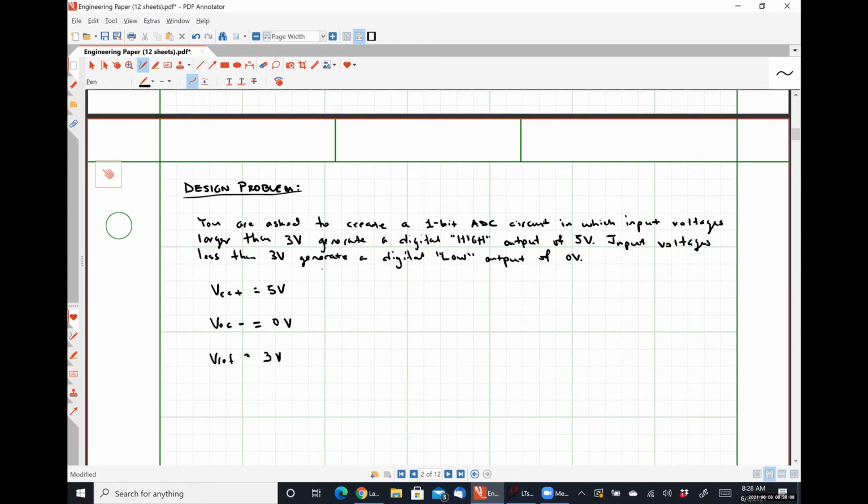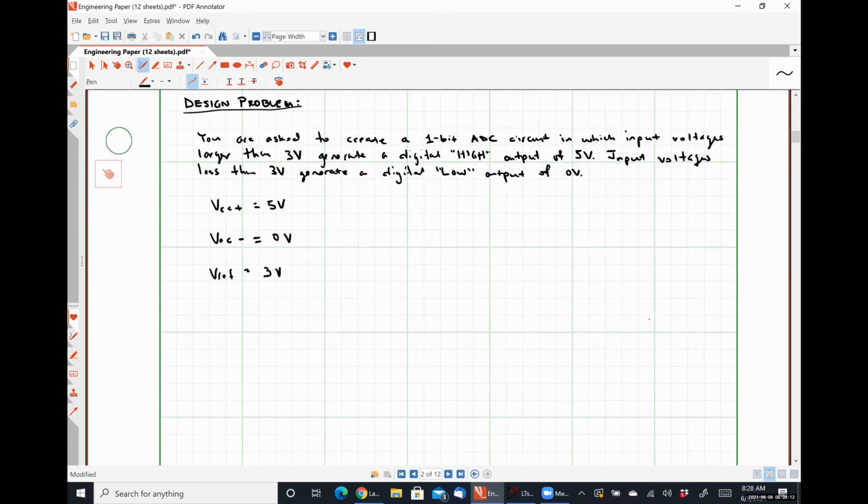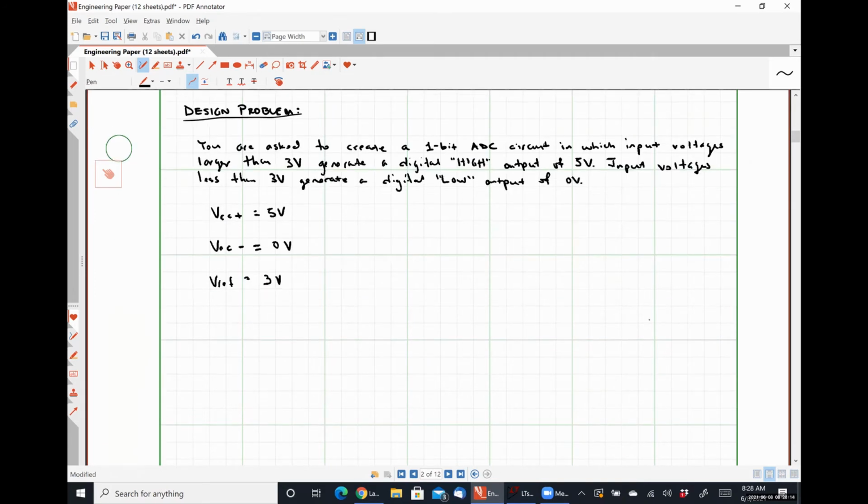So that means I have to be dealing with a non-inverting comparator. So the circuit that would get this done would be Vin goes here, five volts here, ground here, 3 volts goes here, and here is where I take my output.